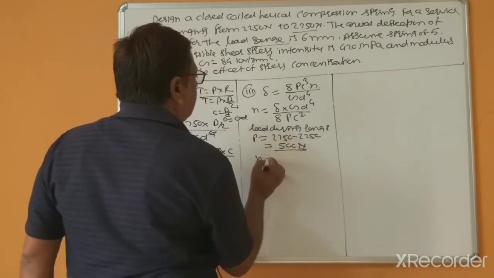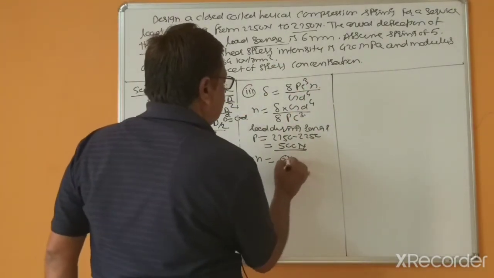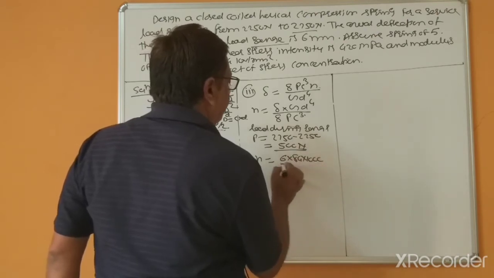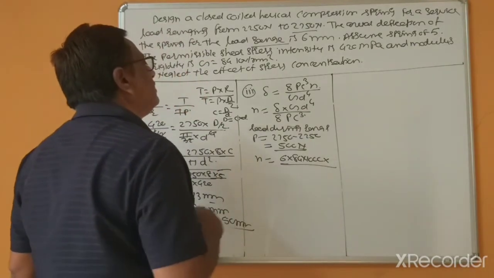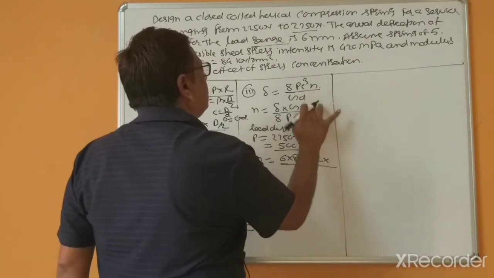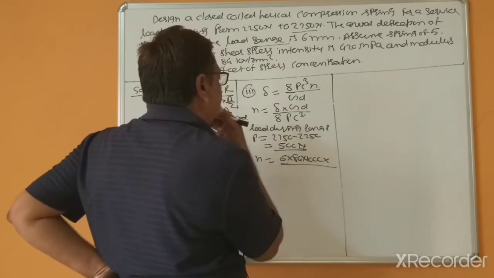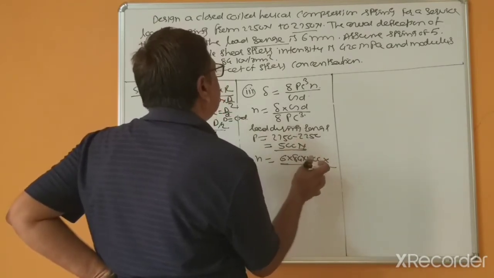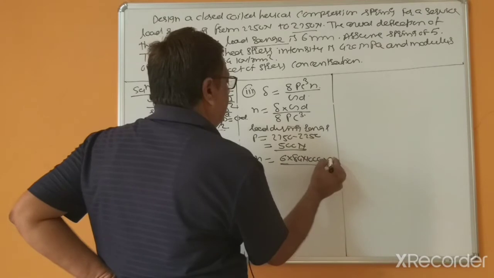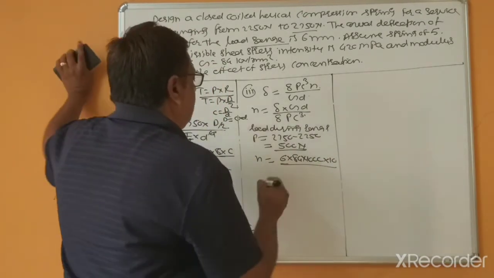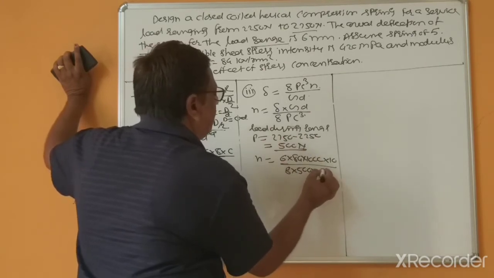So N equals, now this deflection is for 500 newtons, given as 6 mm, 6 into 84 into 1000 d raised to 4 divided by 8 P C cube, with d equal to 10, P equal to 500 and C equal to 5 cube.